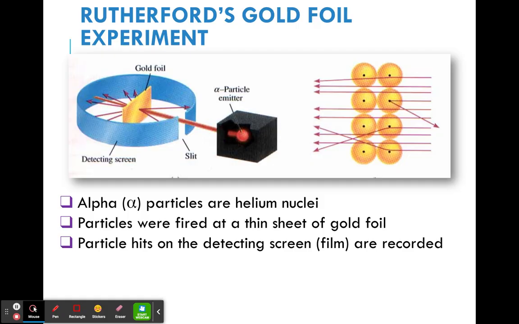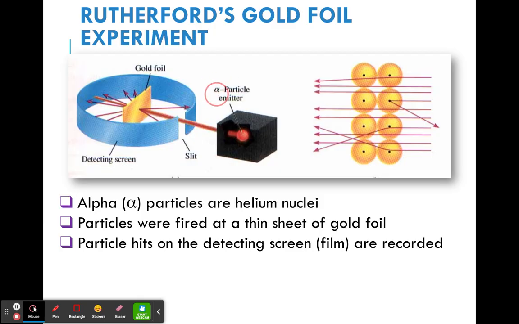So Rutherford's gold foil experiment is another famous experiment. And so what you can see here is that Rutherford decided that he would take a very thin gold foil, and then he would take an alpha particle emitter, and an alpha particle is just a helium atom without the electrons.